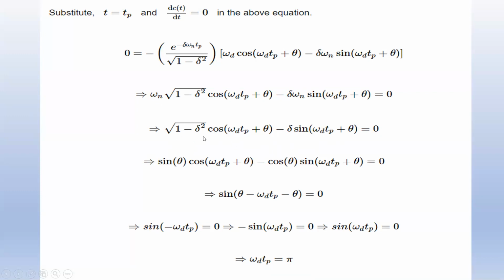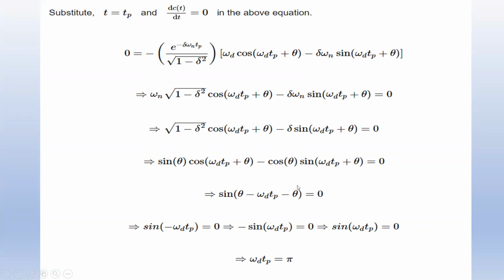If we substitute this in the equation, we get an expression of the form sin A cos B minus cos A sin B. Substituting this trigonometric identity, we are left with sin of theta minus omega d tp minus theta equal to 0.